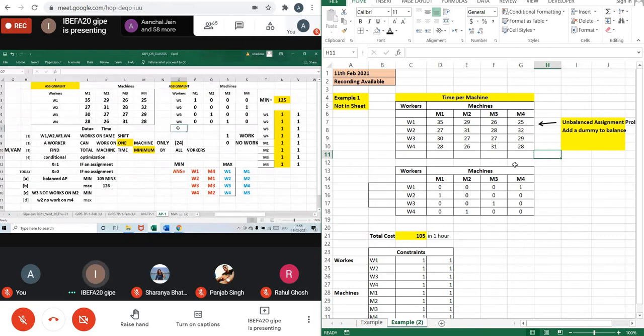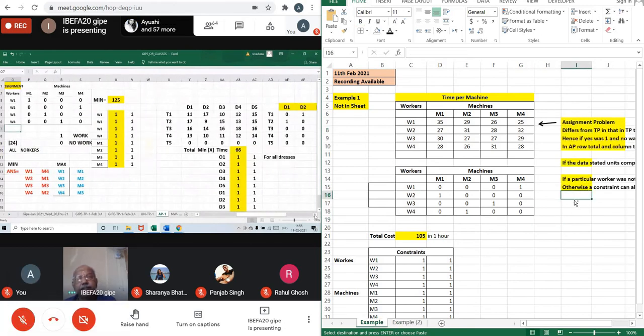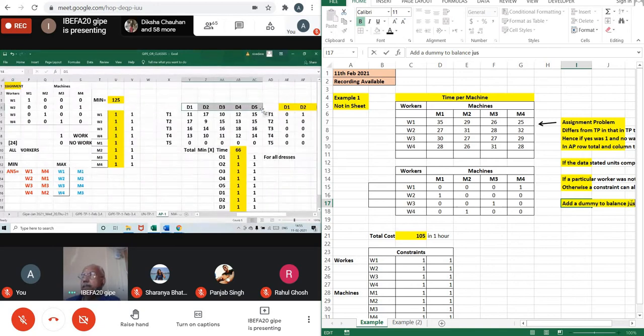Any question? On one problem on the screen, I have shown you all the cases. For example, see the unbalanced one. There are 5 types of dresses to be stitched.